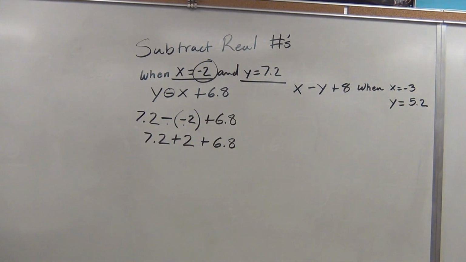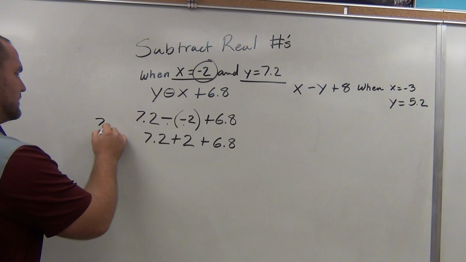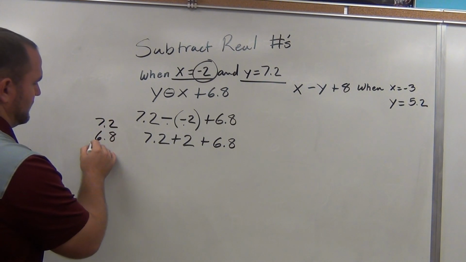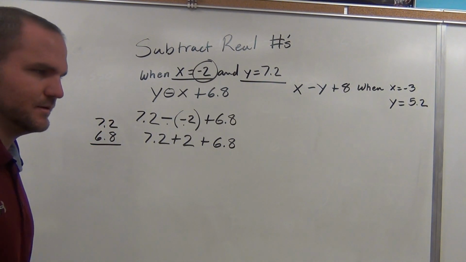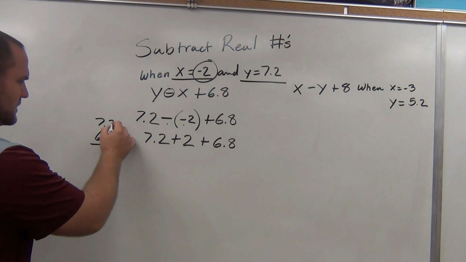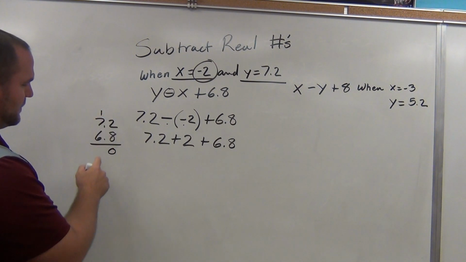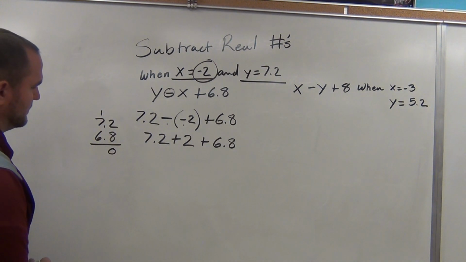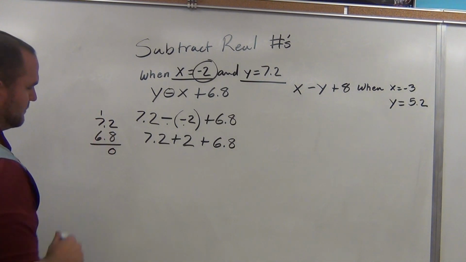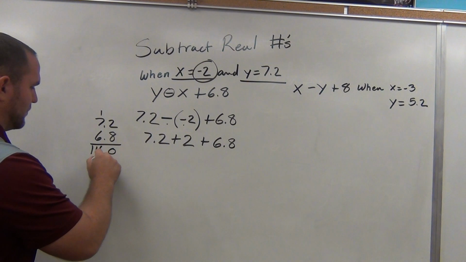Now we need to start working with these decimals to put them together. So let's actually add these together. I'm going to do it on the board here. If I was doing a math test, I would encourage you to do this just so you don't mess it up. So 8 plus 2 is 10. Now remember, you want to line up your decimals to make sure that they're in line here. So now we have 7 plus 6, that's 13, plus one more, is 14.